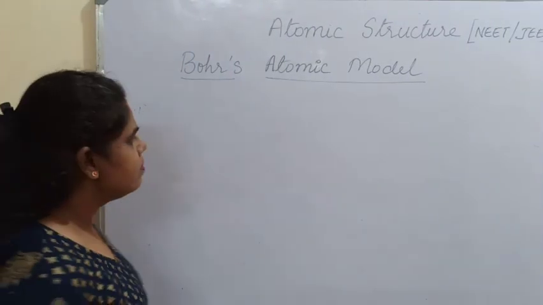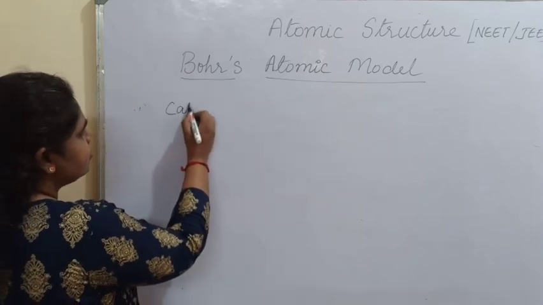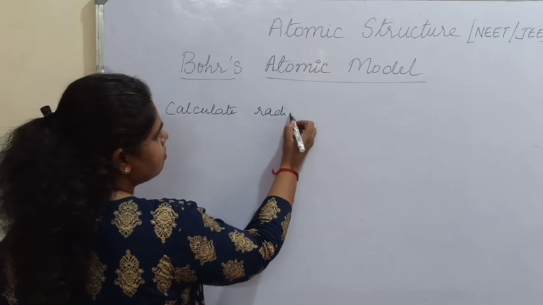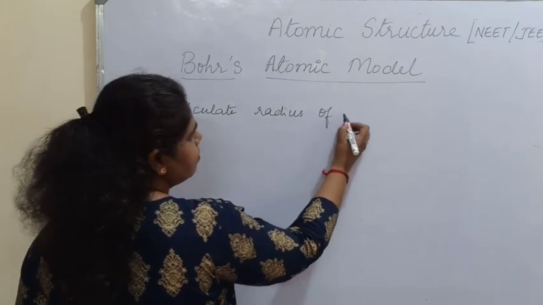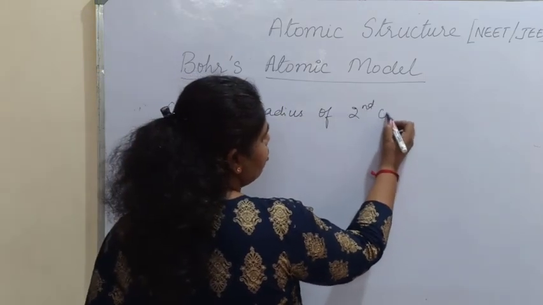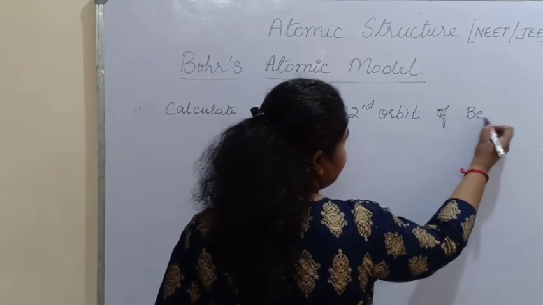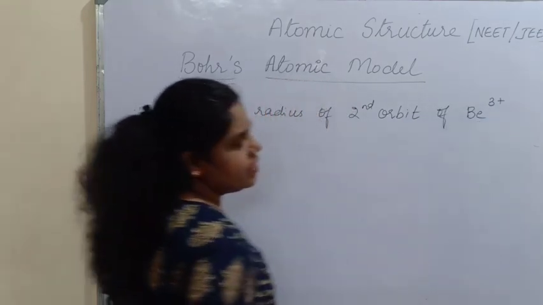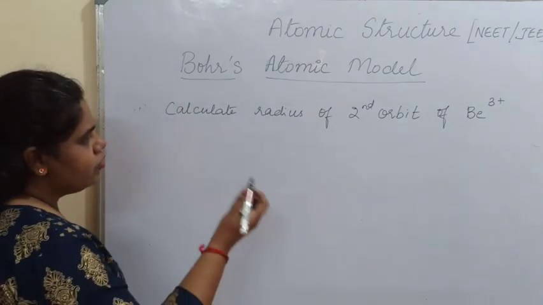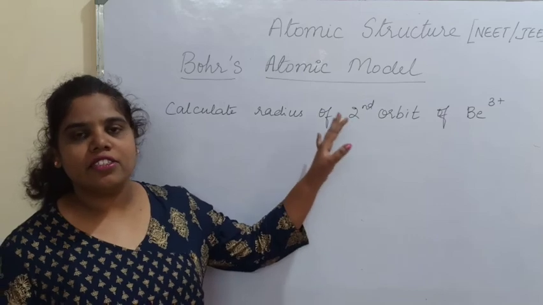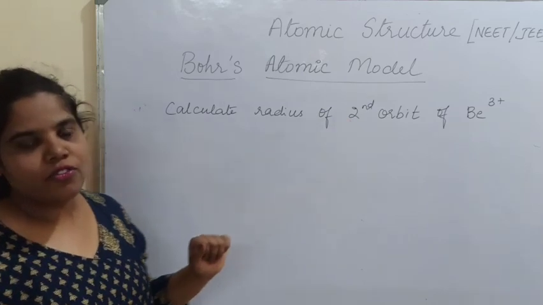The question is: calculate the radius of the second orbit of Be3 plus. Be is beryllium. This is applicable for calculating for a system containing only one electron.